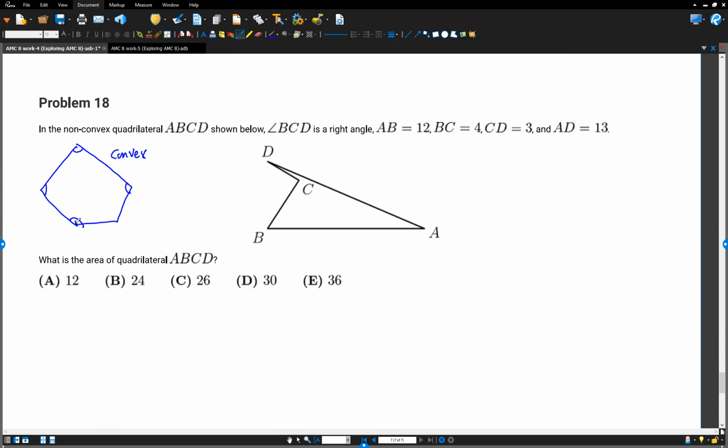But this one has an inside angle more than 180. This is not convex. We say this is a concave quadrilateral. Concave is bent over here, right? This is a concave figure.